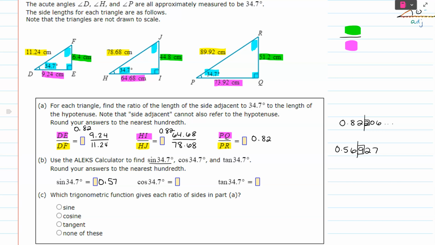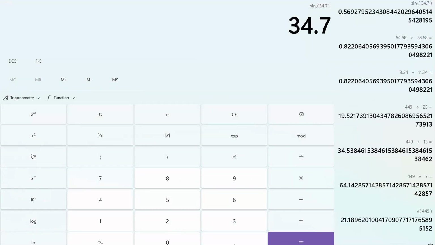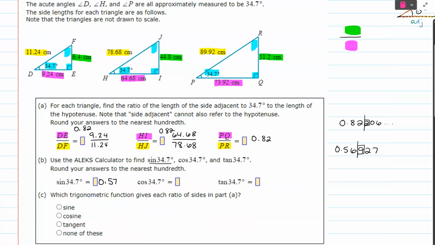Now let's do cosine of 34.7 degrees. So 34.7 degrees, and I want to do the cosine of that. I have 0.822. So again, breaking that at the 2, I get 0.82.